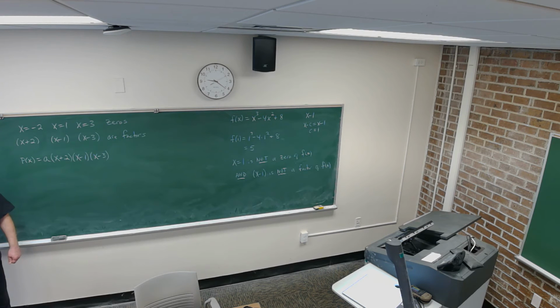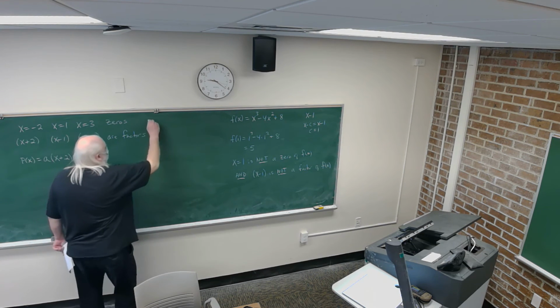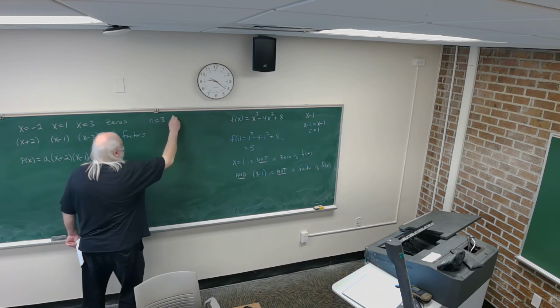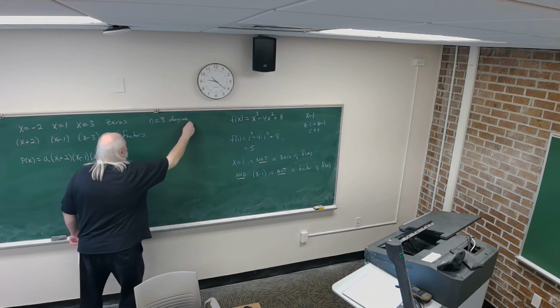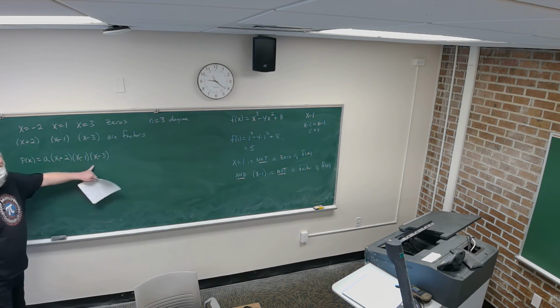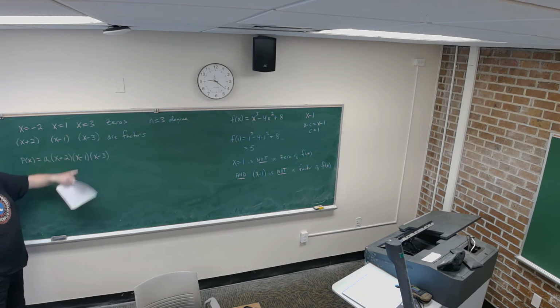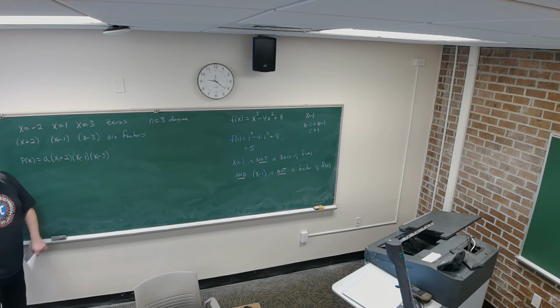Because we're asked to find a third degree polynomial. So n is equal to 3. And so the only way p of x can be a third degree polynomial with these three zeros is if the multiplicity for each zero is 1.